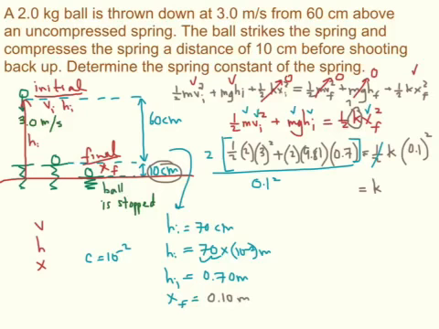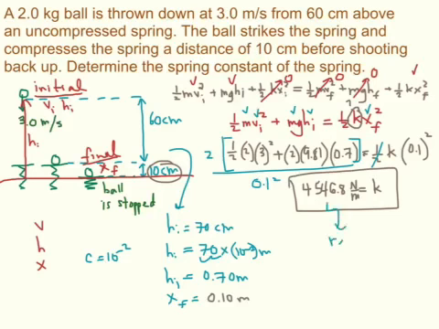That may not be quite our normal value that we're looking at, but here k is 4,546.8. The units for k are newtons per meter. And look at how high k is. That is a really stiff spring, because of how high the value of k is. So that's how you solve.